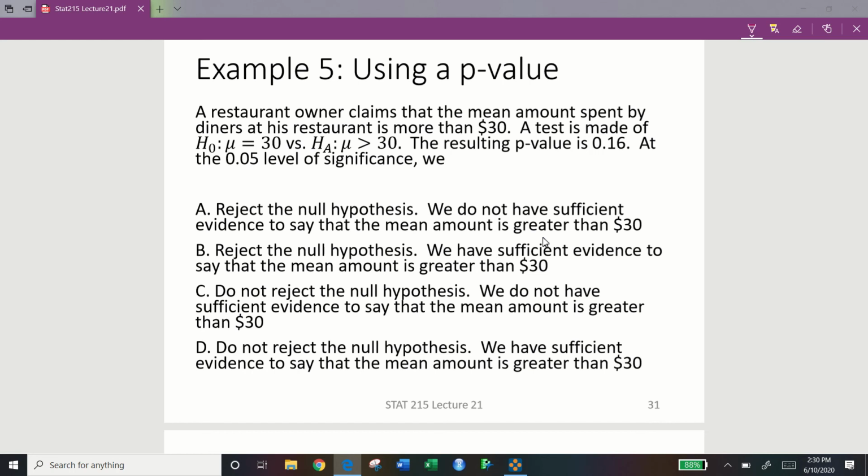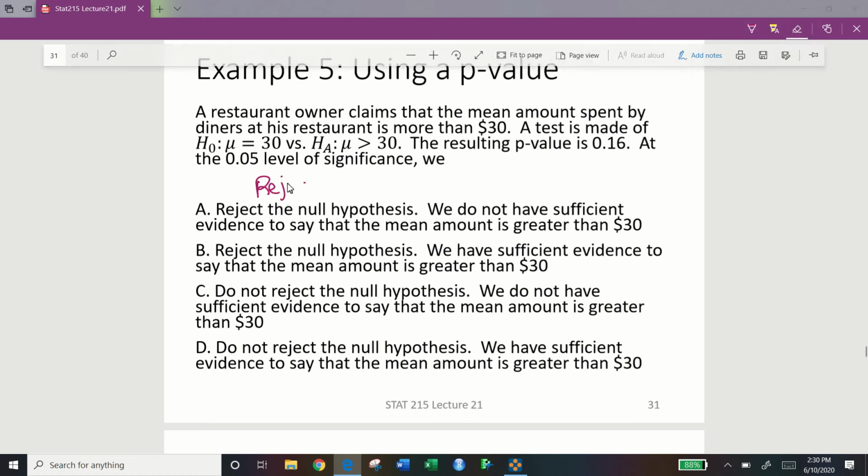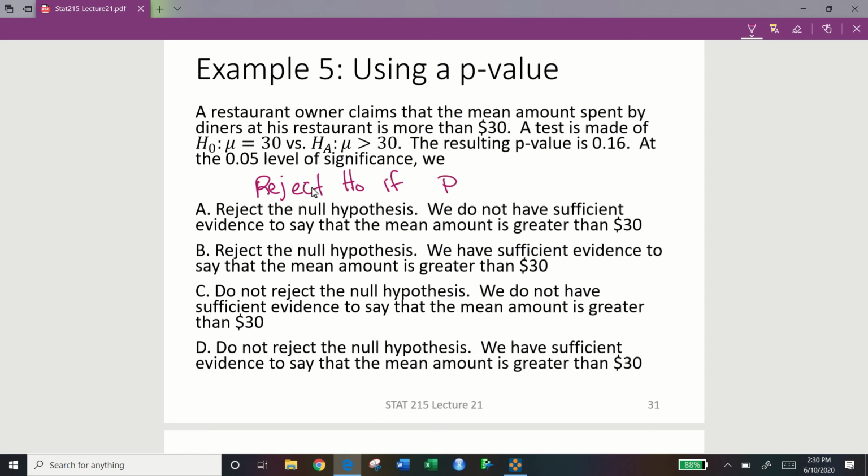Okay, so let's take a look. If we recall, our rule is that we will reject our null hypothesis if p is less than or equal to alpha.